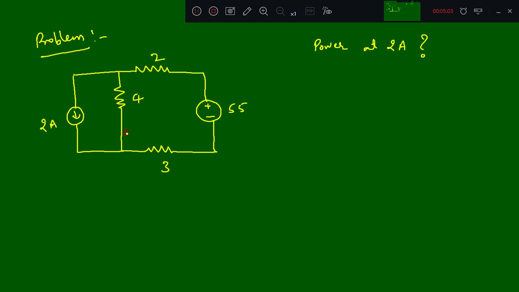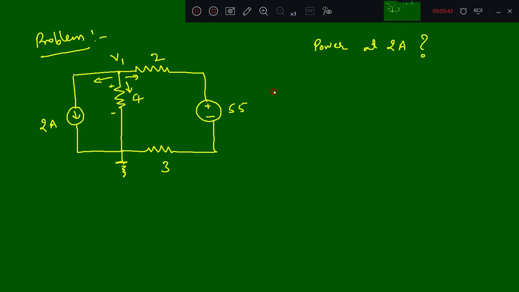Here there are two nodes, so I will define this node as the reference node. The direction of current is like this, so this becomes positive, negative. Then I'll make this point V1.